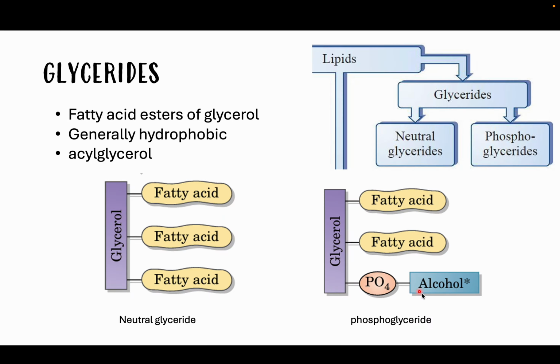But if you have phosphoglycerides, you have the presence of a phosphate group. So you have the substituent of phosphate, and then you usually have an alcohol attached to that phosphate group.